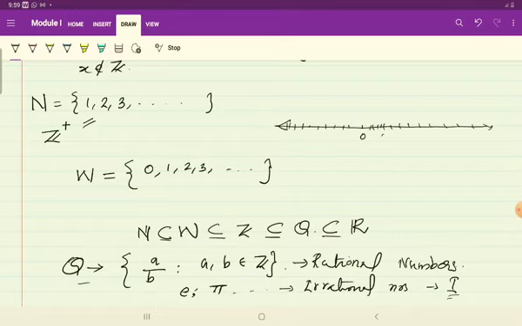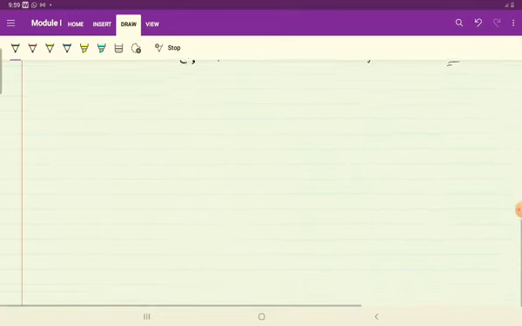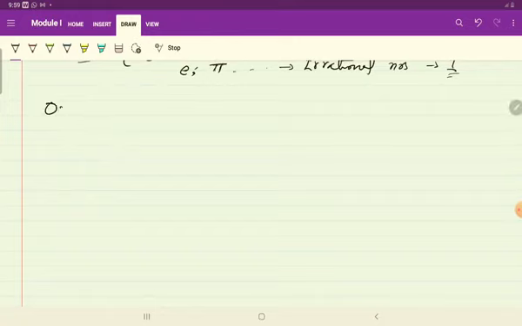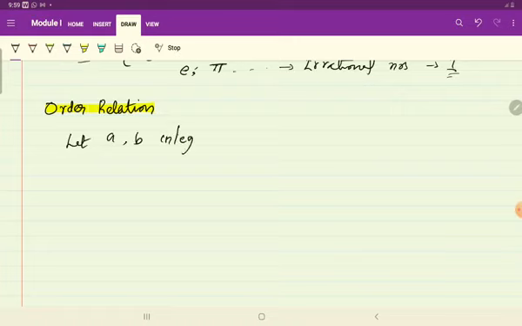Now we move to the relation called order relation. Let a and b be any two integers. For example, if we consider 2 and 3, we can compare these two.